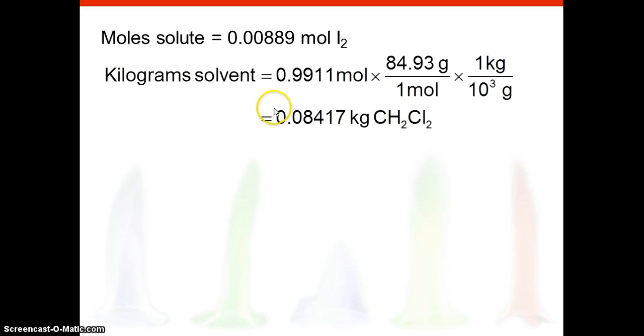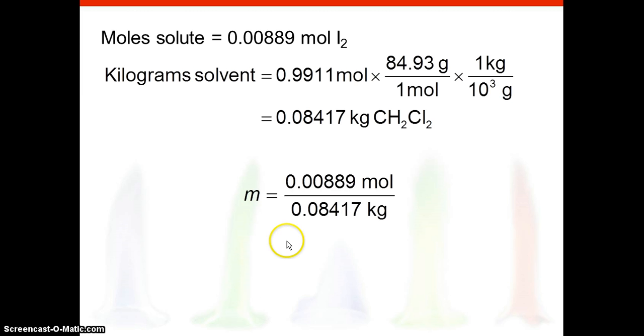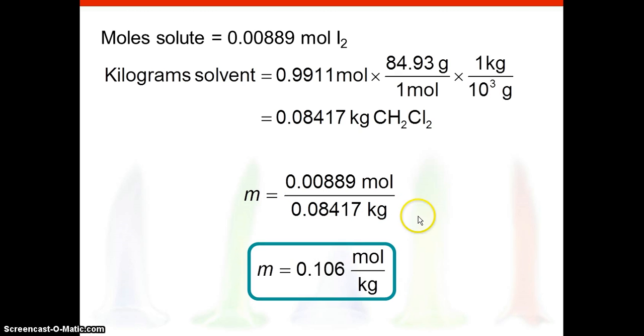So we can convert moles to kilograms of CH2Cl2. And then we can calculate molality. Moles of solute, which is 0.00889, and kilograms of solvent, which is 0.08417 kilogram. And that's the molality, 0.106 mole per kilogram. So that means if mole fraction is given, you can convert into molality, or if molality is given, you convert into mole fraction.